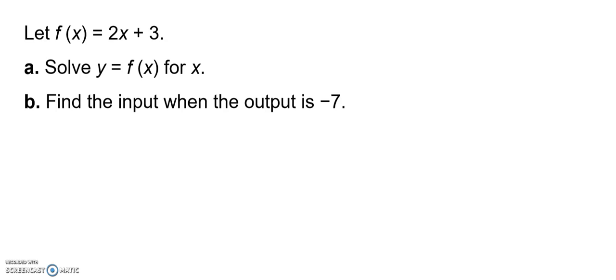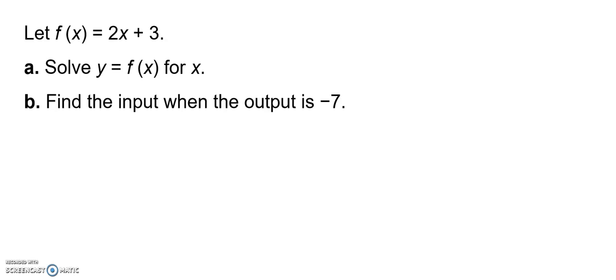All right, first thing, let's do this together, and then I'll explain why afterwards, or why we did what we did. So if f of x equals 2x plus 3, the first part is I want to solve this function, which remember f of x is the same thing as y, that's all this notation says, for x.